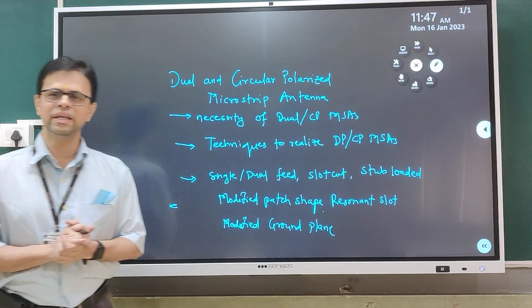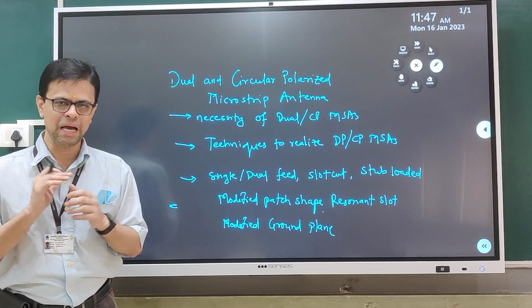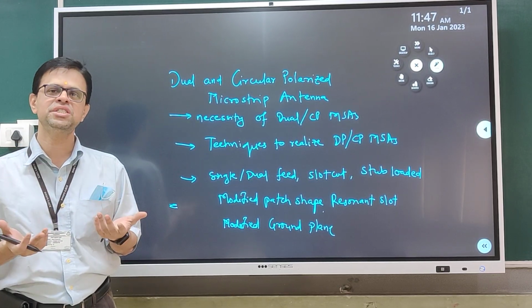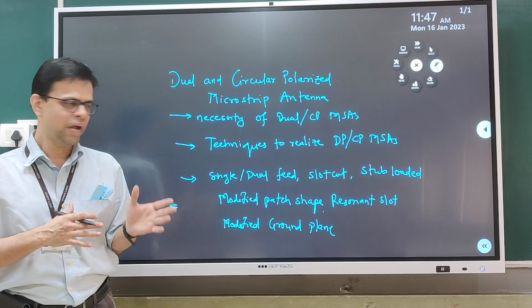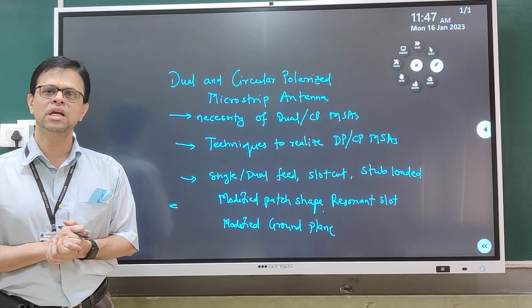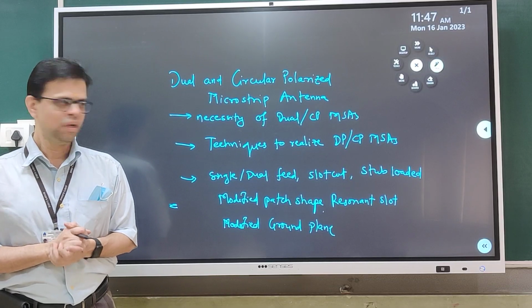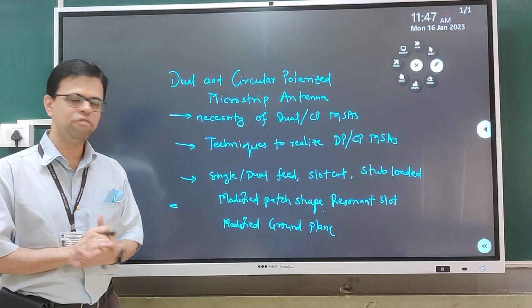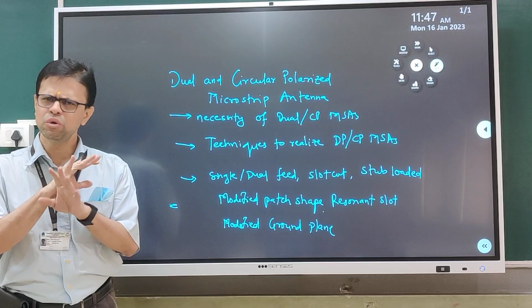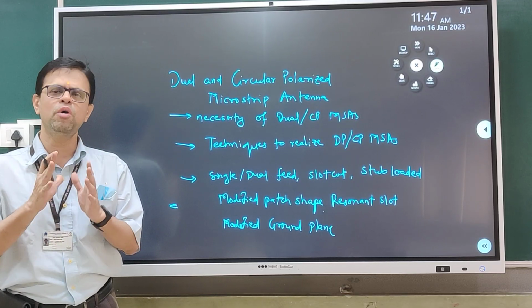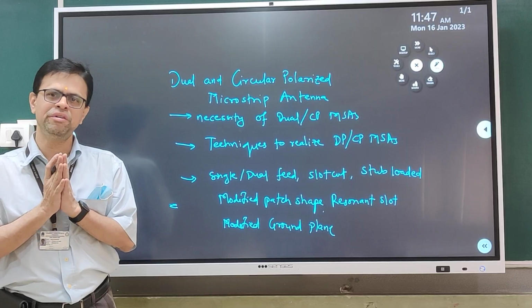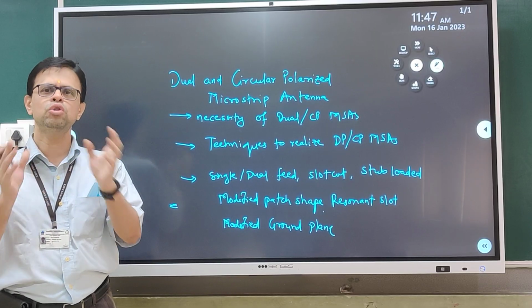Further, another technique: because slot is cut in the patch, we can place stubs on the patch edges which are orthogonal, and that realizes circular polarized conditions. Another technique is the use of modified patch shapes. Don't use slot, don't use power divider circuit, but by using a modified shape of the patch geometry, you can create orthogonal modes.